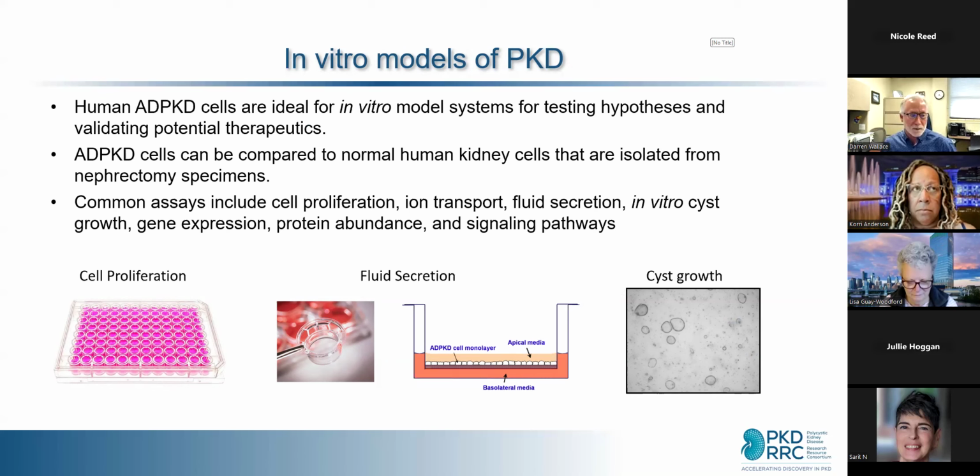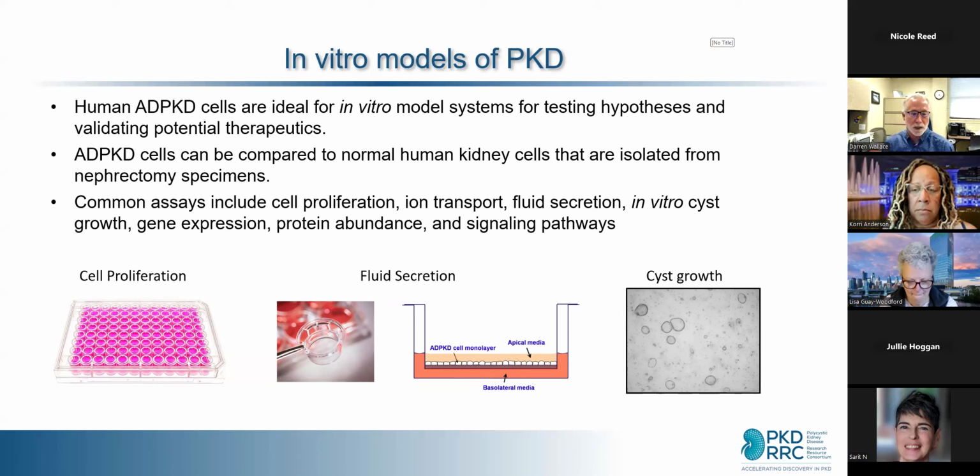A lot of times we need to find some type of comparison for the disease state, and so we also collect cells from normal human kidney. These cells are typically from nephrectomy specimens. Say a patient has a tumor on one of the poles of the kidney and they have either a partial or complete nephrectomy and there's some normal tissue.